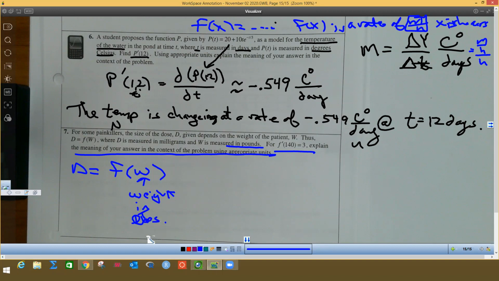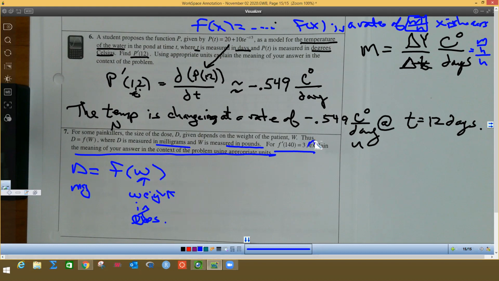LBS is an abbreviation. And D is the dose size. Does it say what D is? Measured in milligrams. So this is milligrams. Let's put mg. Isn't that the abbreviation for milligrams? Okay. So which part over here is my y part? Milligrams. That's right.